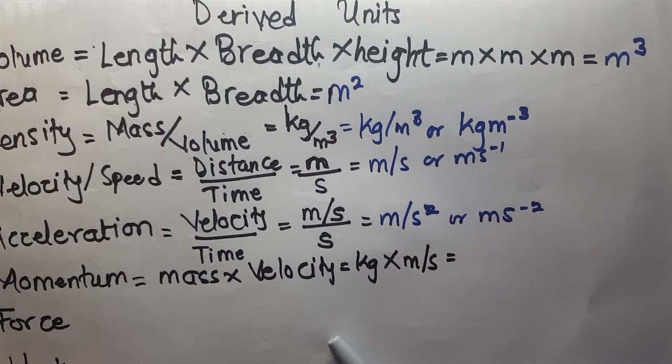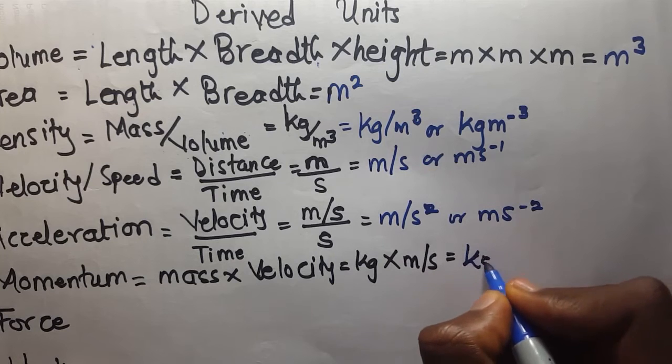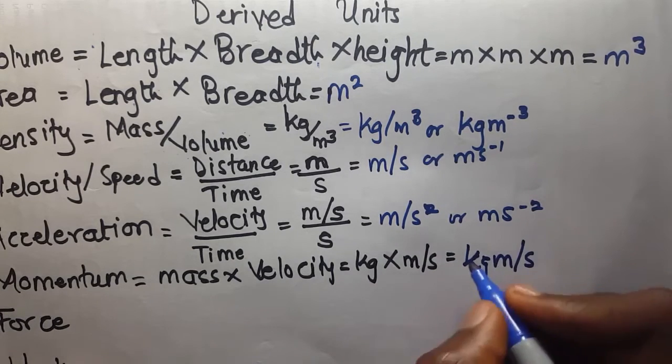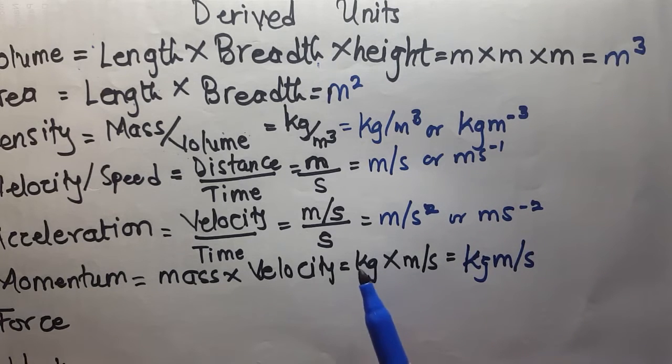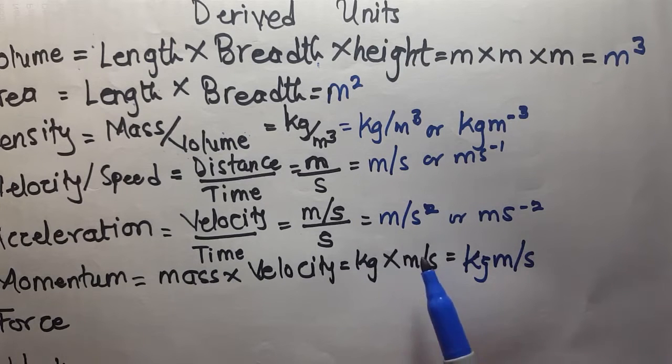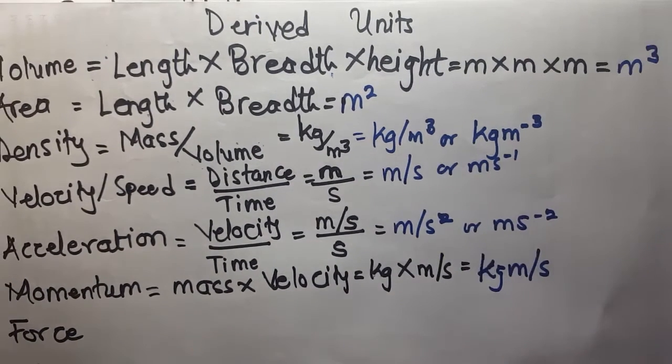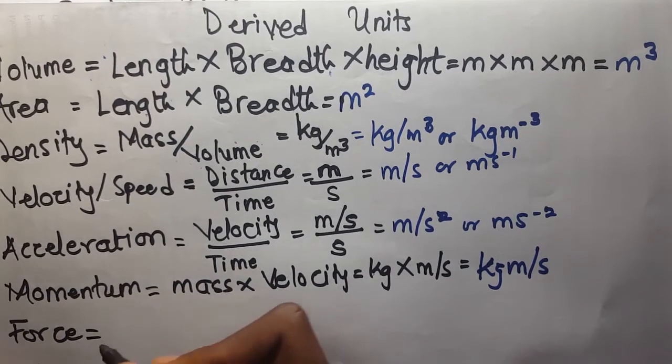Since this is multiplying this, I don't need to write kg slash m slash s, so it's kg m slash s. So that's the unit for momentum. There is no need cramming these units because you know them.